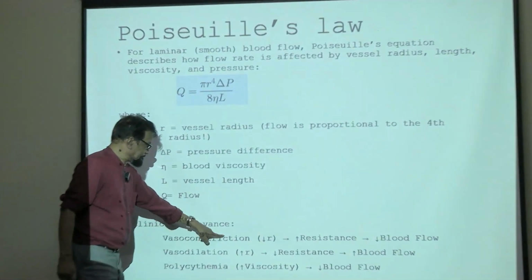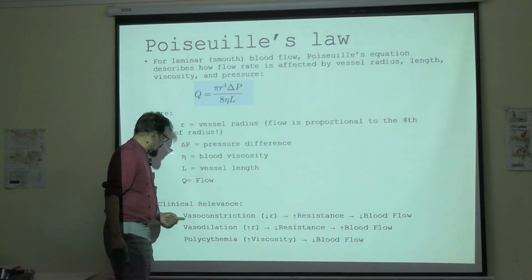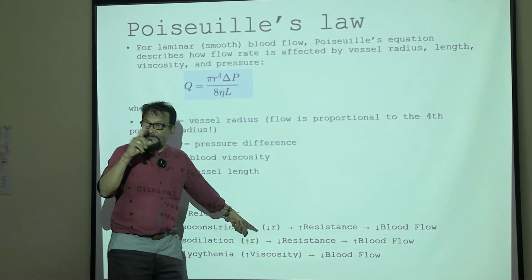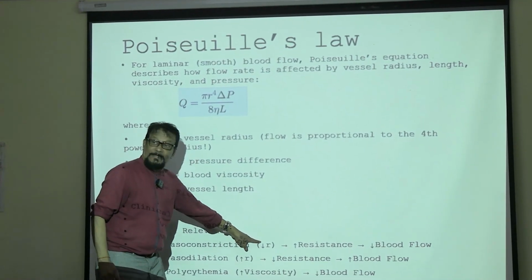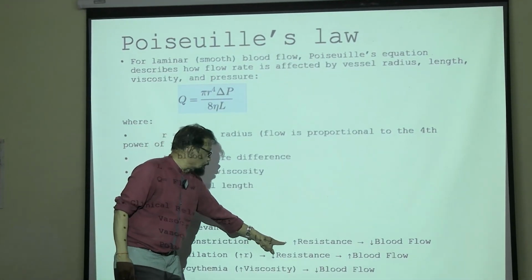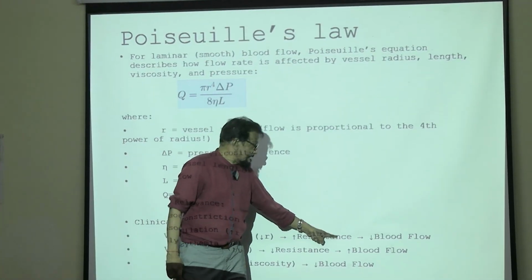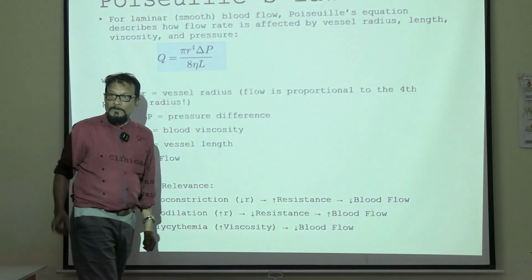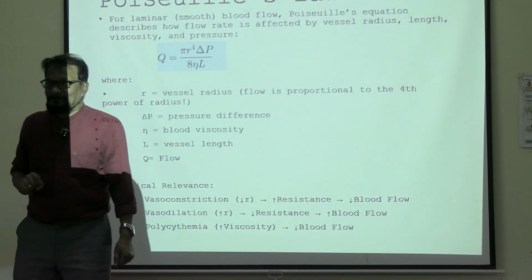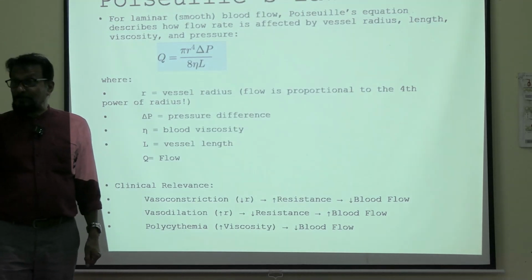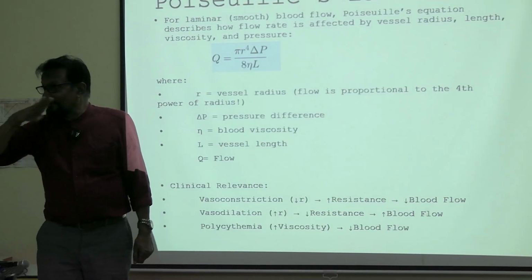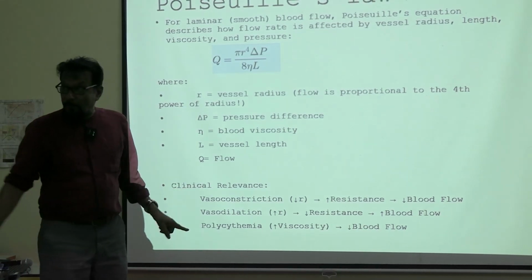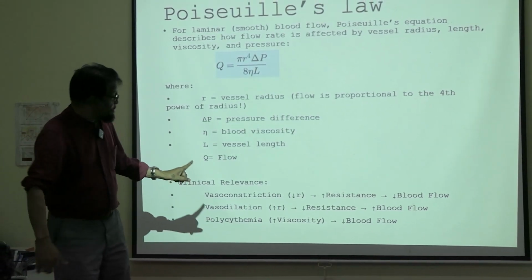Vasoconstriction, reduction in radius, will lead to an increase in resistance, and this will lead to decreased blood flow. So you have to know this. When there is vasoconstriction, what is the sequence of events? For clinical purposes, this is important.